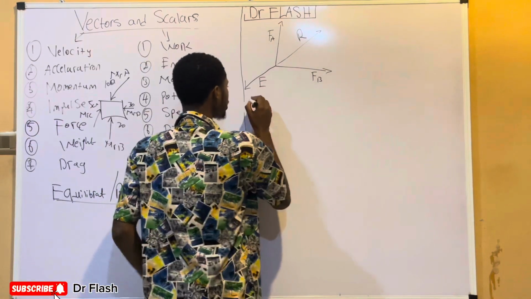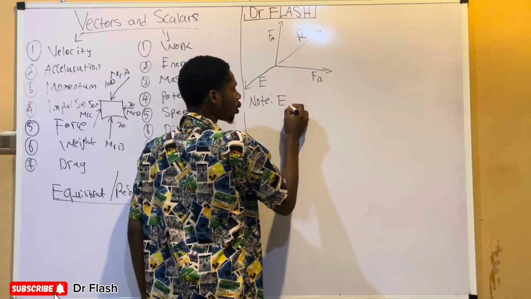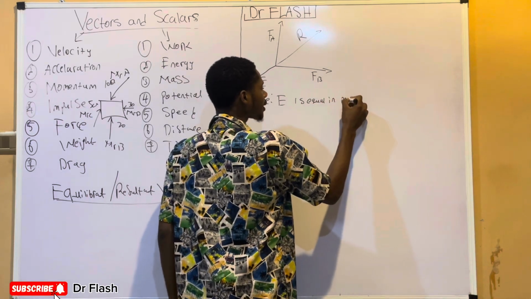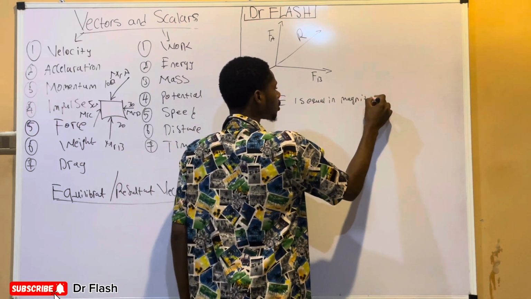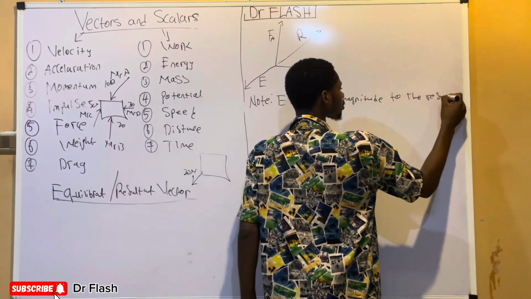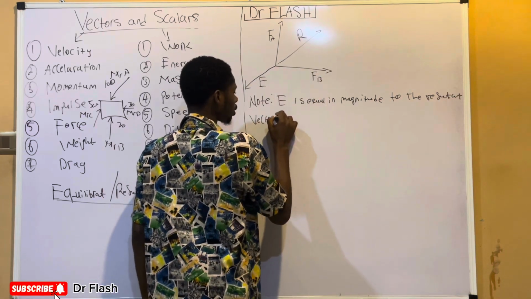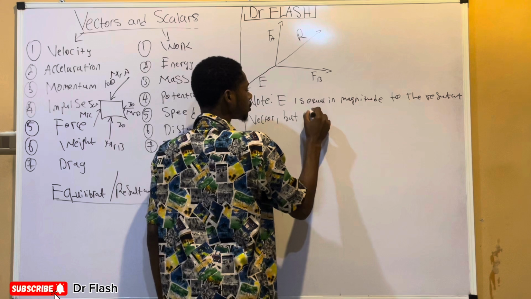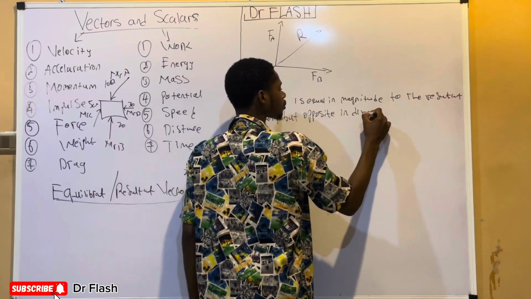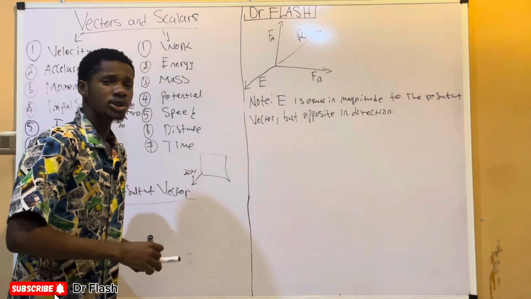So take note that the equilibrant vector is equal in magnitude to the resultant vector, but opposite in direction. They are equal in magnitude but opposite in direction.